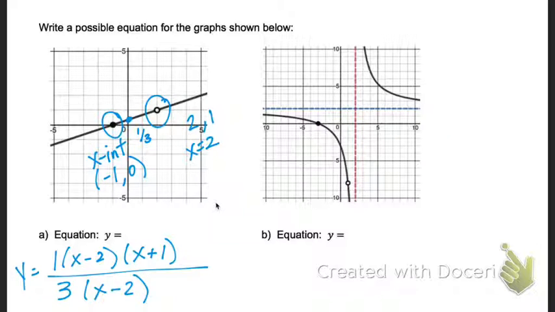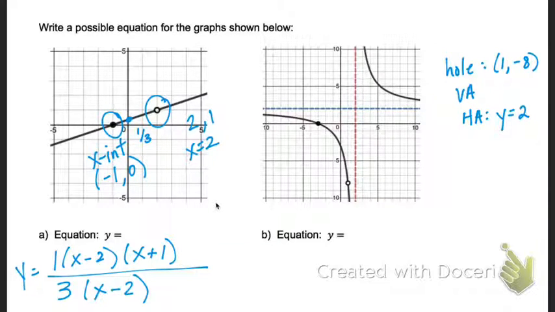Okay, let's look at the next one. What are some things we see? There's a hole at x equals 1. What's the y value? Negative. Good. What else do we see? There's a horizontal asymptote at y equals 2.